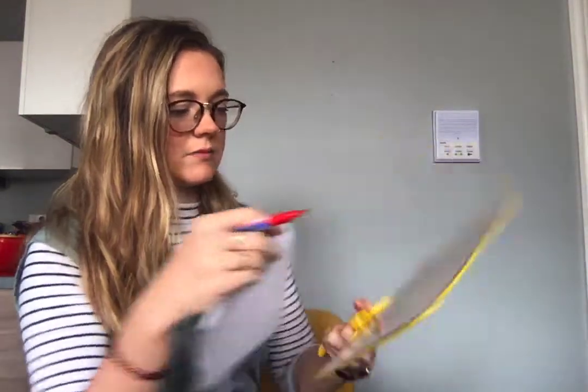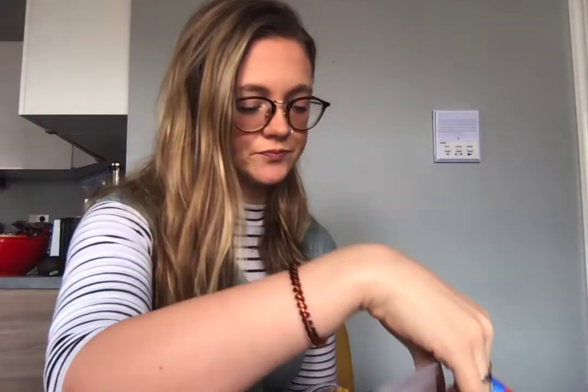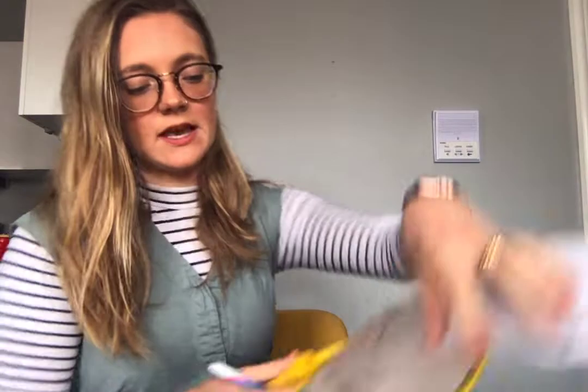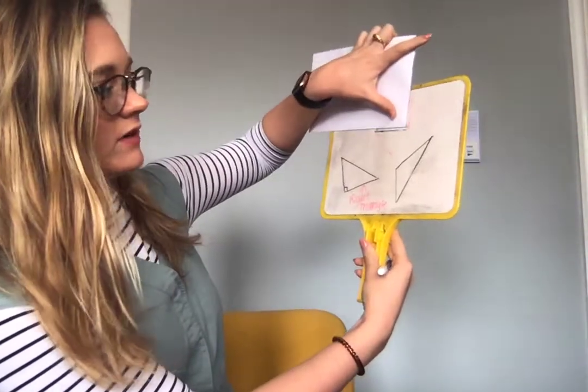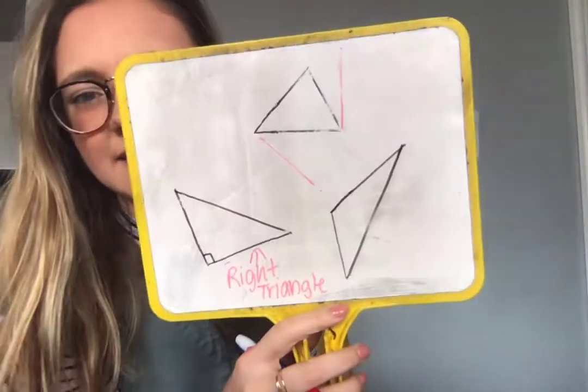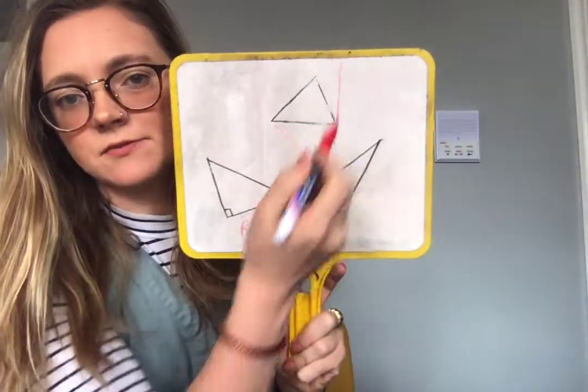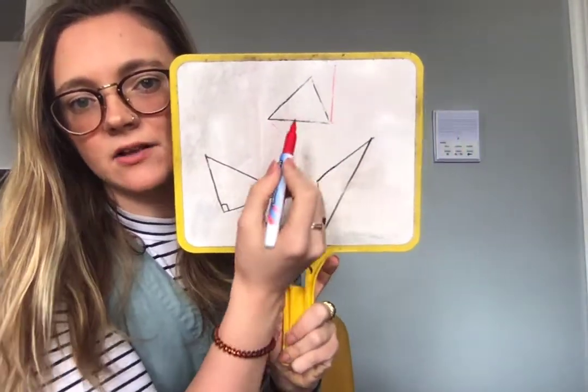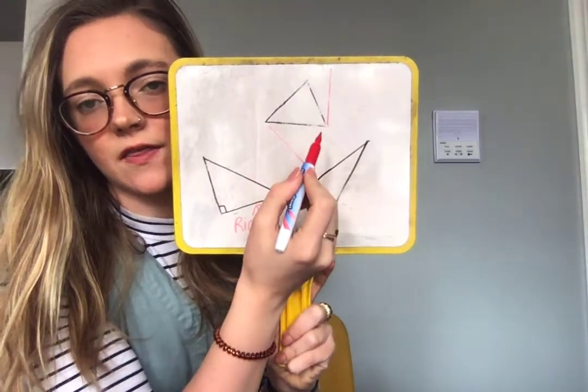So I'm going to put my paper here and check again. I'm lining it up with just one of the sides, and then I'm drawing in the other side. So see, I lined it up with one of the sides, and then I drew the other side. And I see that again, if this were a right angle, my angle is smaller than that. I'm going to do that with the last side.